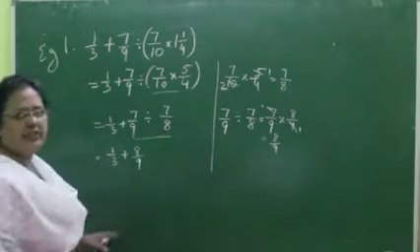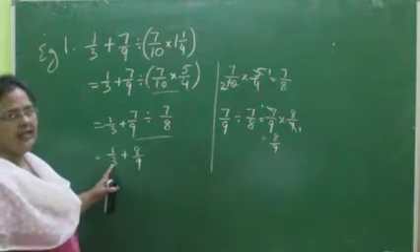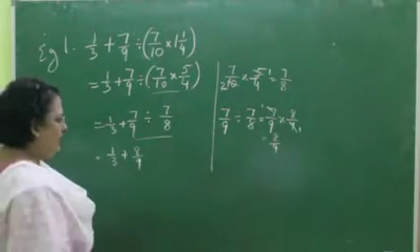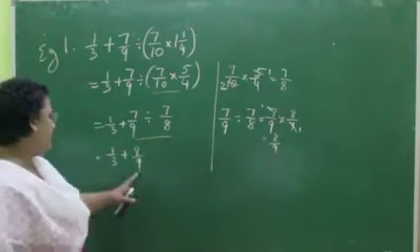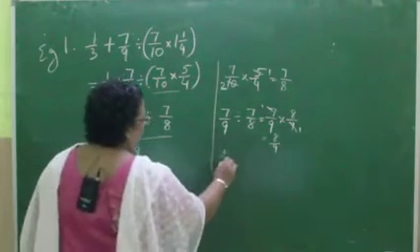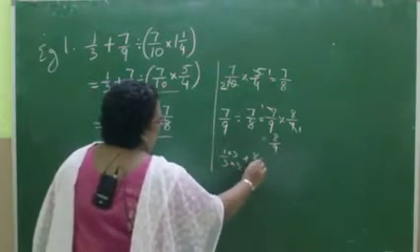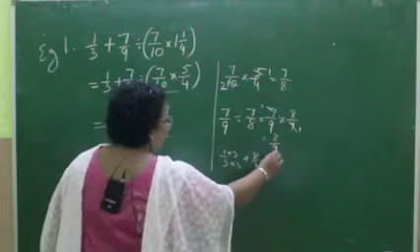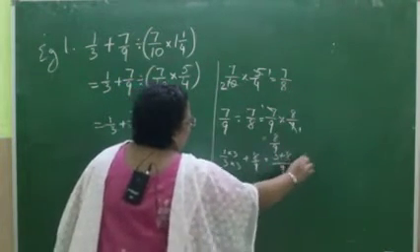Now, only one operation is there, that is the plus sign, addition. So, you have to find the LCM and do it. So, I am going to do it there itself. So, here 9 is the LCM. So, 1 by 3 becomes 3 plus 8 by 9, what is equal? 11 by 9.